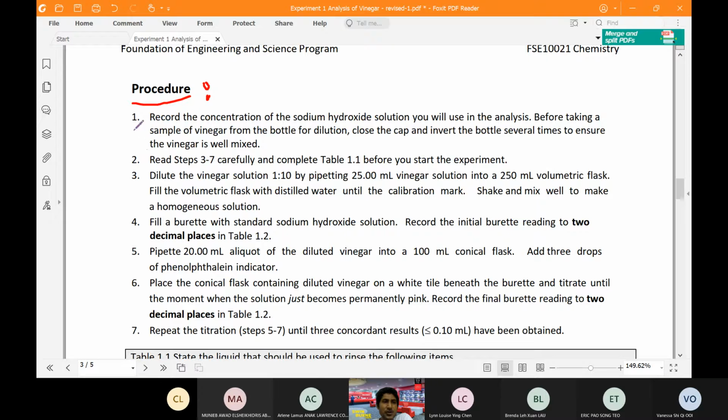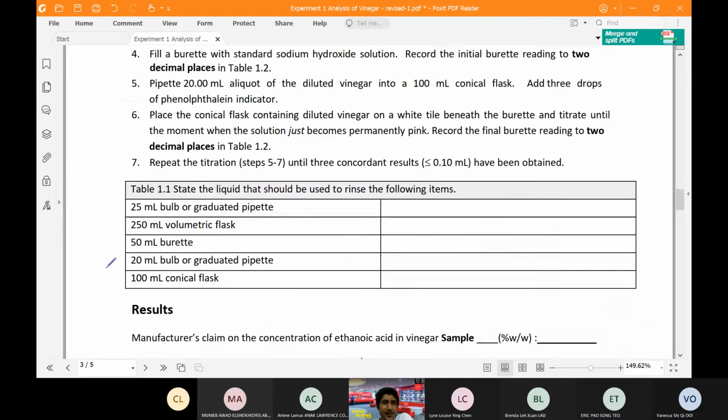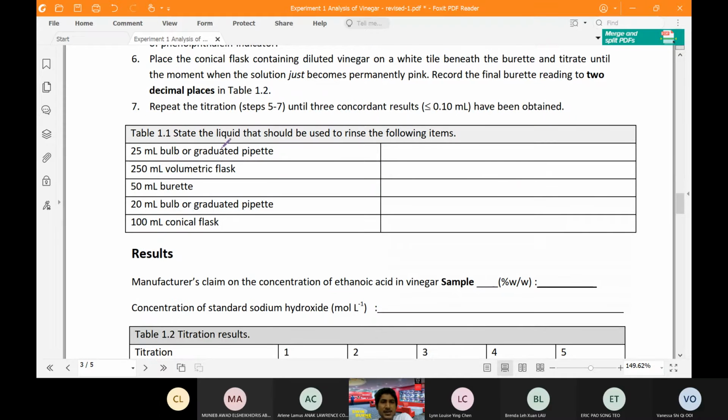You would go from this table to that table to bring the vinegar or the solution, and then mix water, then do the experiment. So these are the instruments and liquids that you will use: 25 milliliter bulb or graduated pipette, volumetric flask, burette, bulb pipette, conical flask.